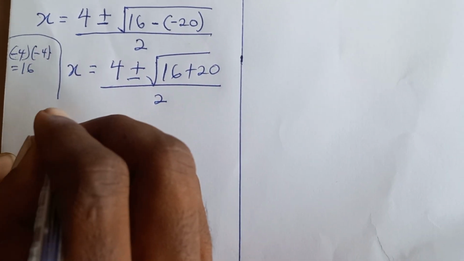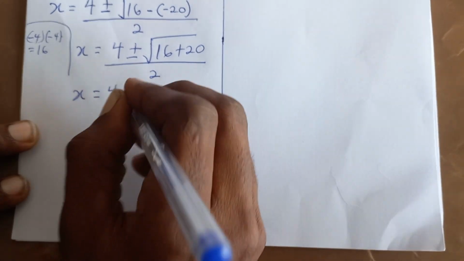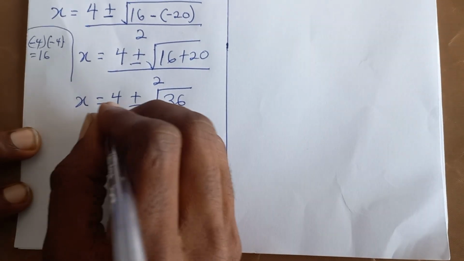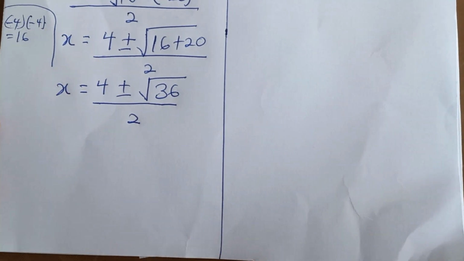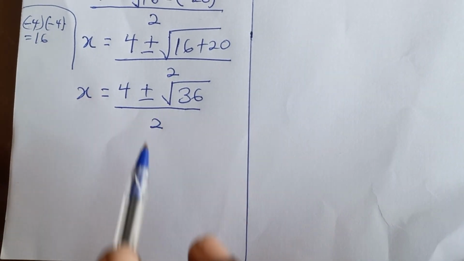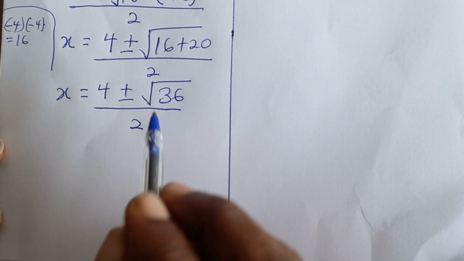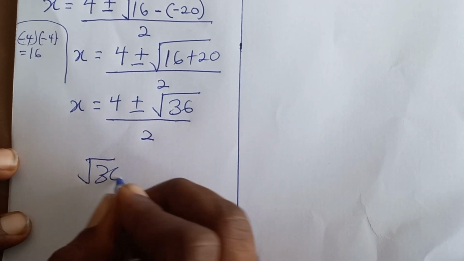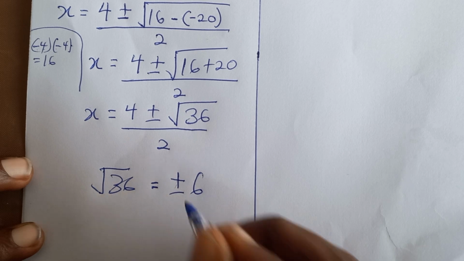So further simplification, we are going to get x is equal to 4 plus or minus root of 36 all over 2. Now we have to find the square root of 36, and we know that the square root of 36 is equal to plus or minus 6.